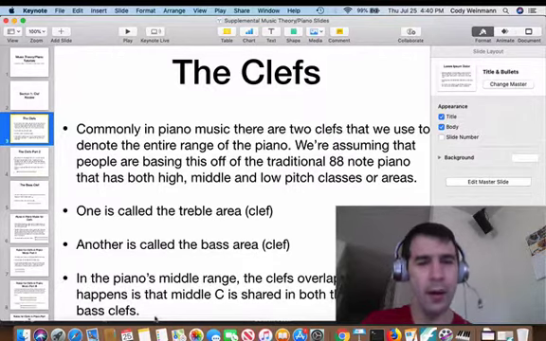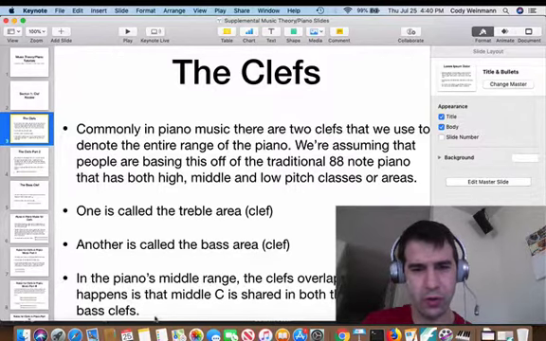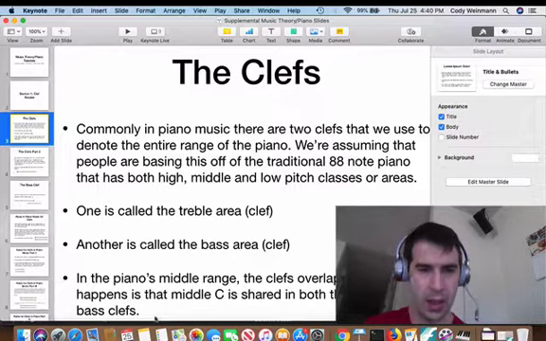The one that is in charge of the treble area or the higher area is called the treble clef. The one that is controlling the bass area or the bass notes of the piano is the bass clef. In the piano's middle range, like I said, the clefs overlap slightly.